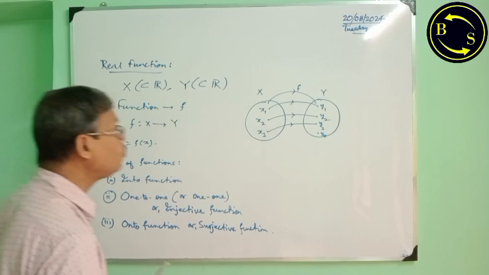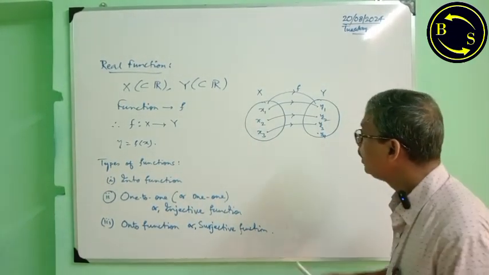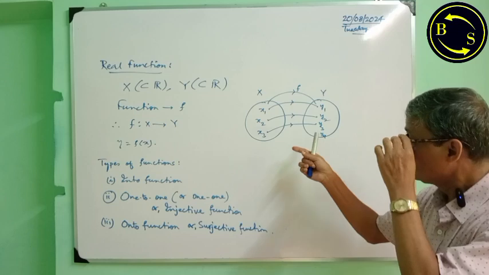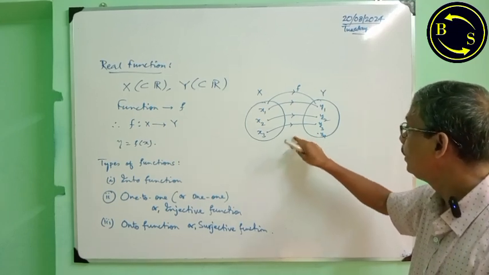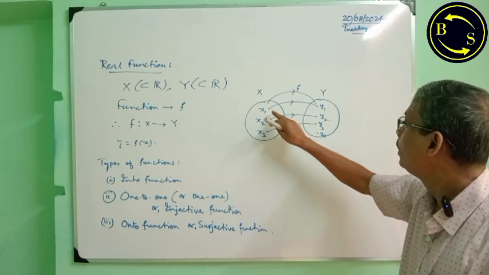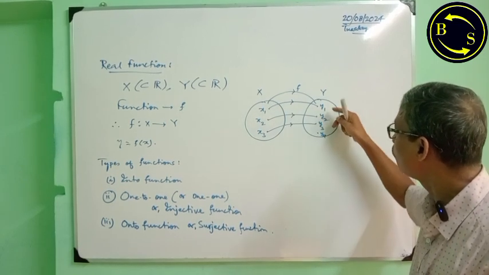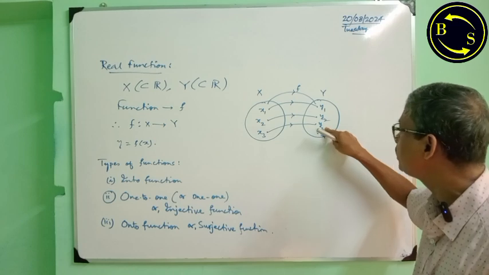First of all, into function. Actually, in this diagram, it is clear that x1, x2, x3 are each associated to y1, y2, y3 respectively.